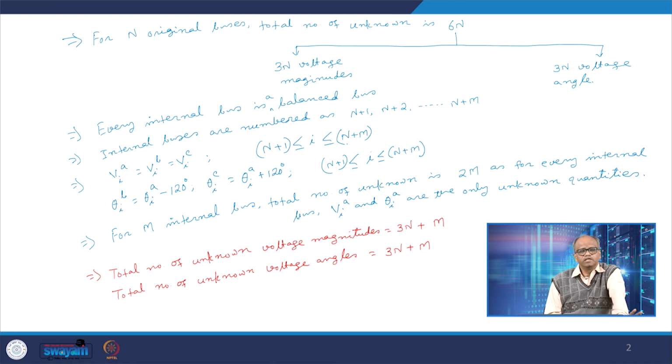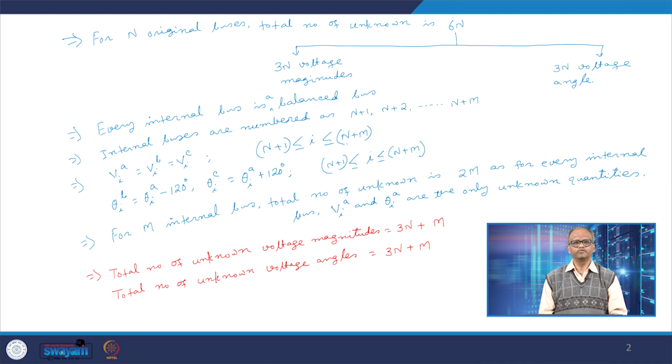That particular reference angle would be pre-assigned a value of 0, in the same way as we do in single phase load flow analysis, where we assign the voltage angle equal to 0 for the slack bus.